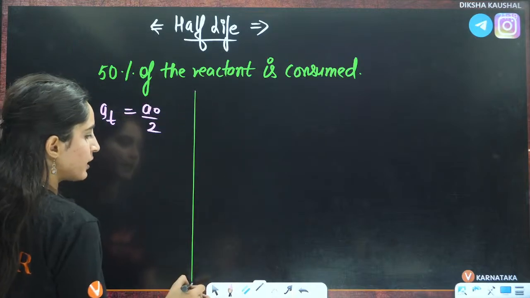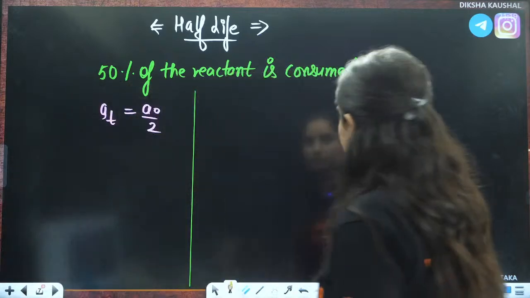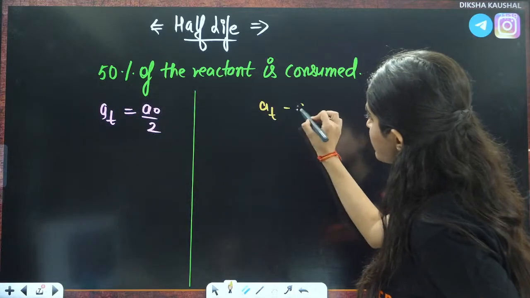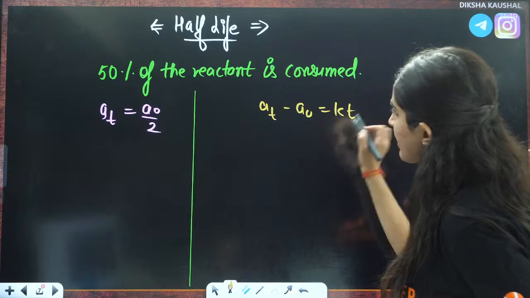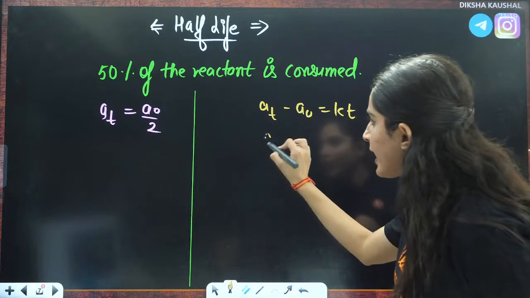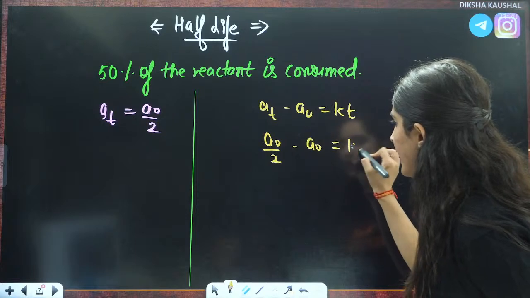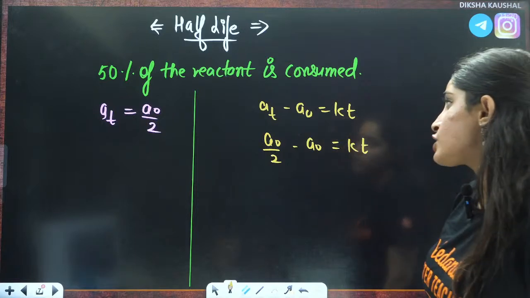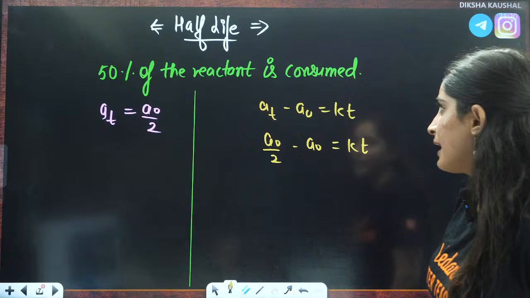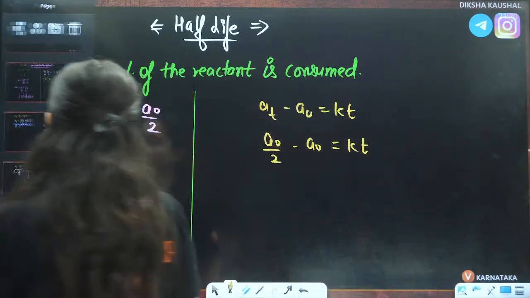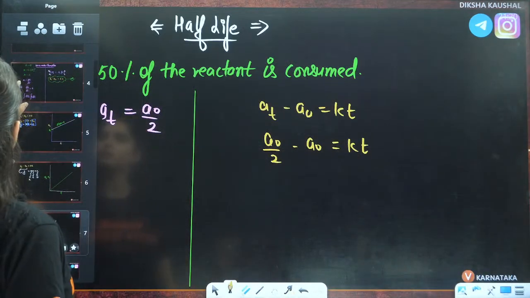If I put it here, it will become A_t minus A naught is equal to kt. A_t is equal to A naught by 2. So this is A naught by 2 minus A naught equal to kt, right? Wait a minute, guys, let me see.